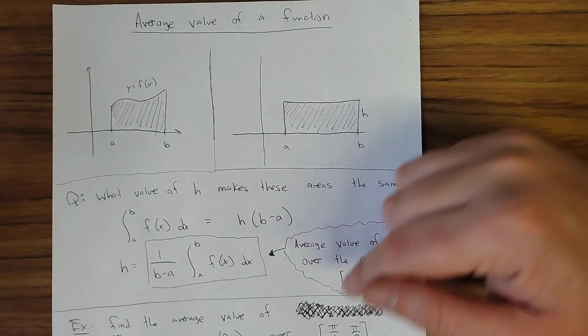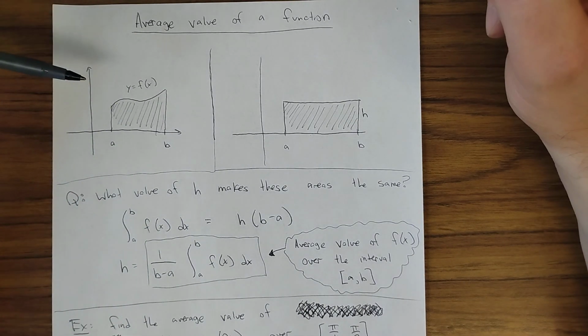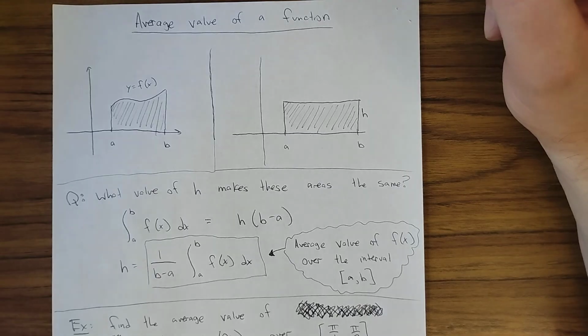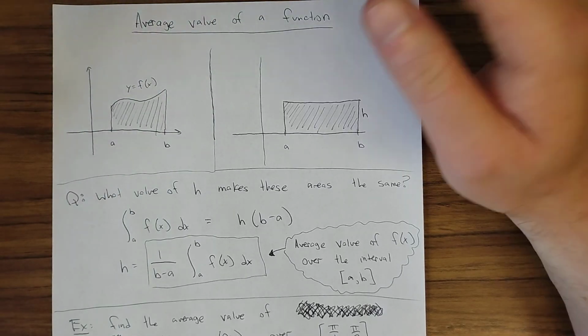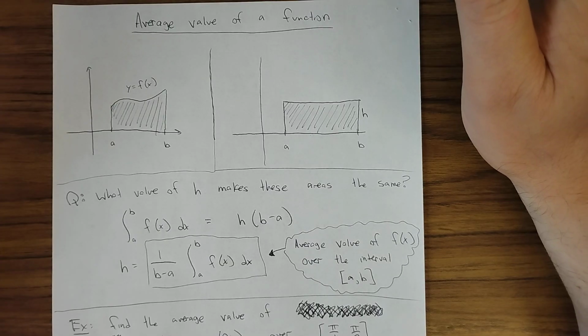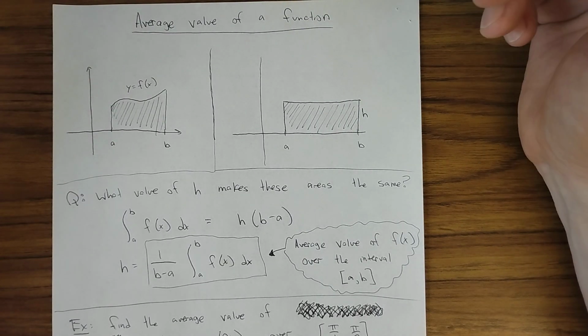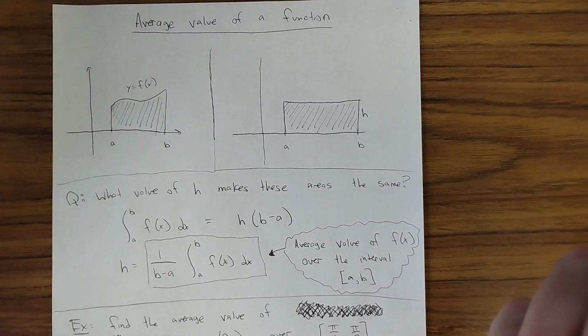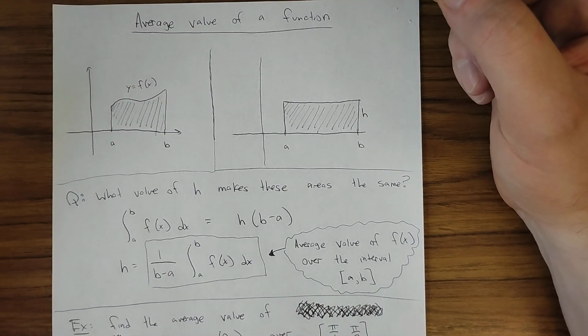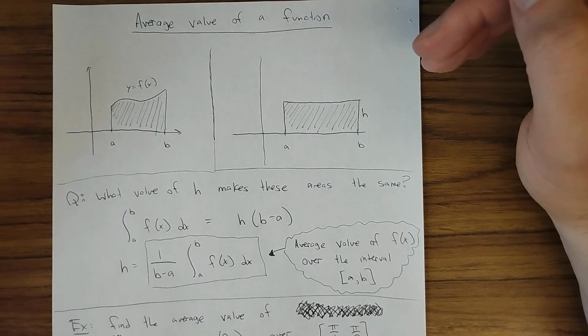Real quick before I do this example, let me explain another more conceptual thing, which is average velocity. If I have a function that tells me the velocity of an object at a certain time, and maybe it's going faster at some instances and slower at others, I can find the average velocity over some interval of time, like t1 to t2.